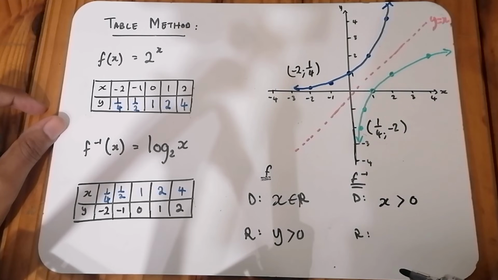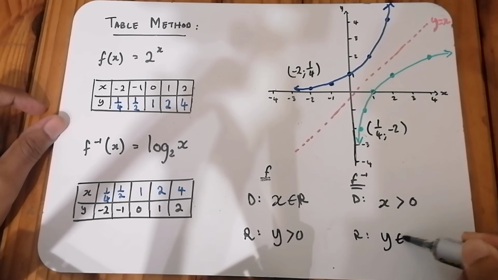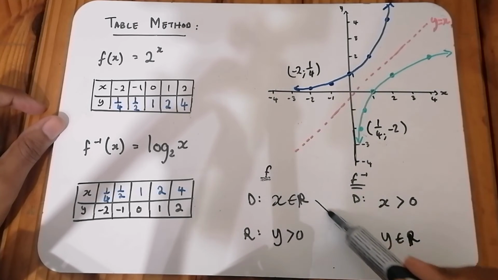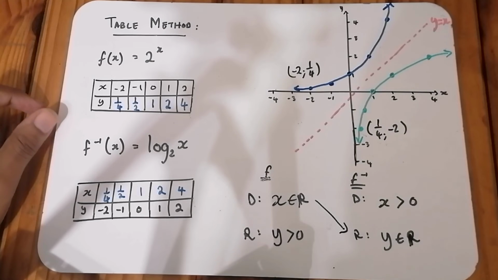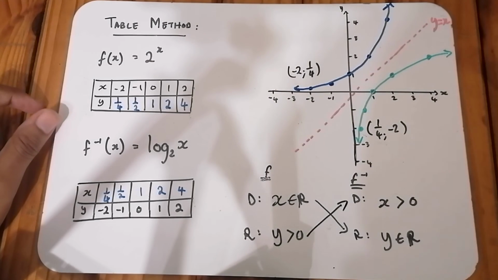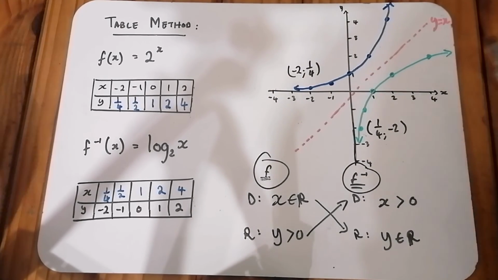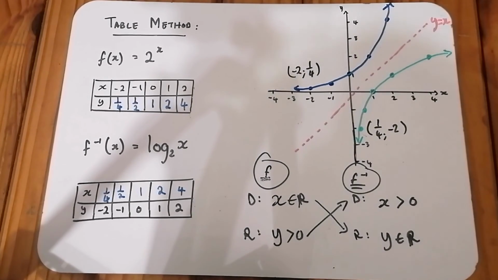And when you look at the y values, we make use of all the y values. y is an element of the real numbers. Can you see that this domain became a range, and this range became the domain? So when we swap x and y, everything swaps. The domain and the range swap, the coordinates swap, the asymptotes even swap.